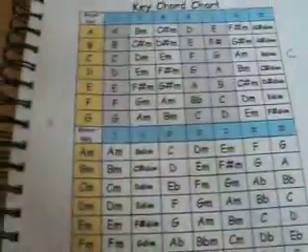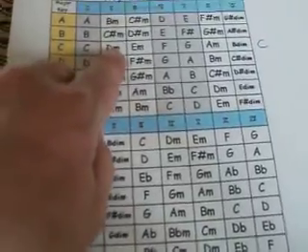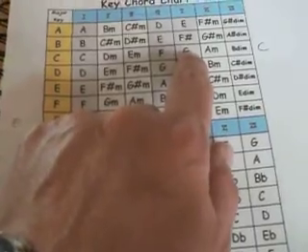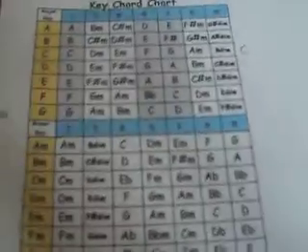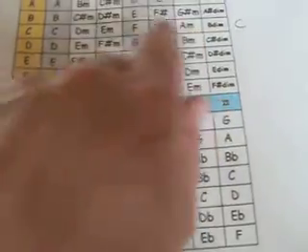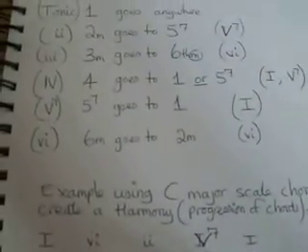The second, as you can see there, wants to go to the 5th, so if you play a D minor, it generally wants to go to the 5th, or a dominant chord. And then the third, E minor, wants to go to the 6th, which is the A minor. So from there to there, and as you can see by the rest.